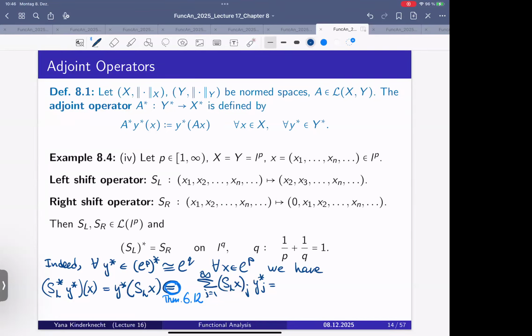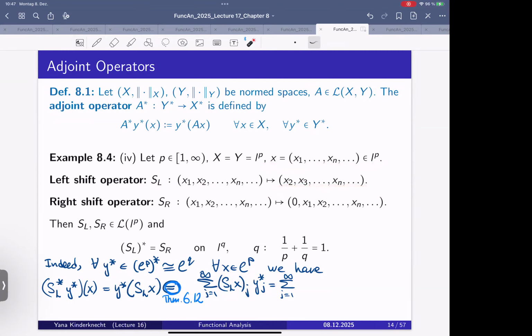That's why this is the sum j from 1 to infinity. If I act by SL on x, I have this formula. Hence, the j's coordinate of this guy. If this is my x, this is my SLx.